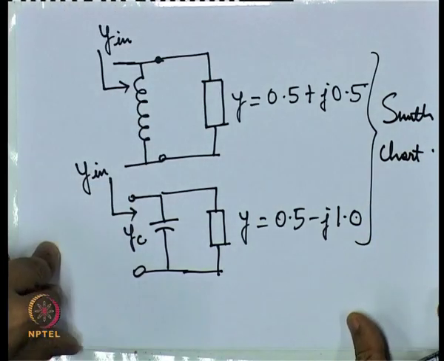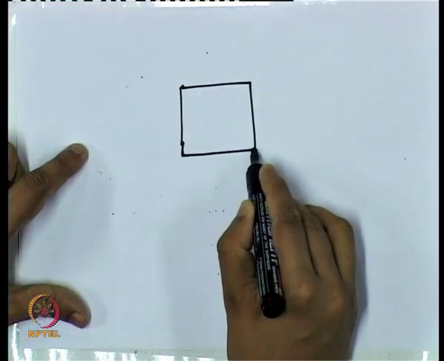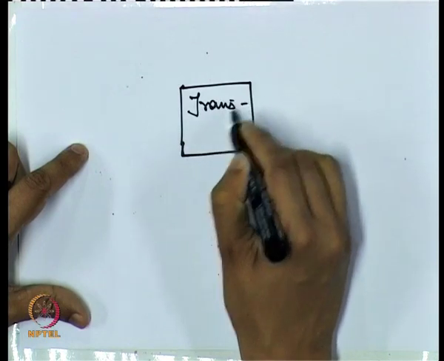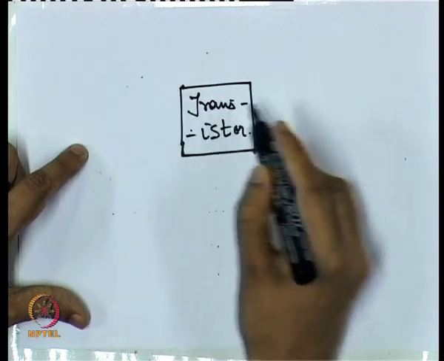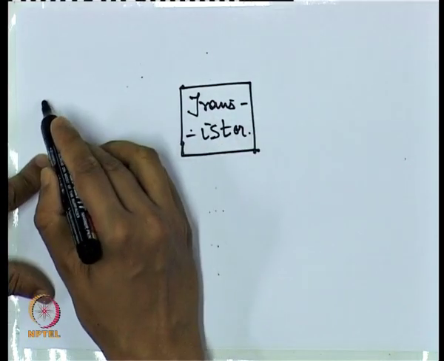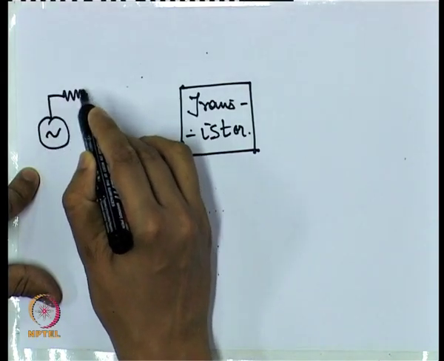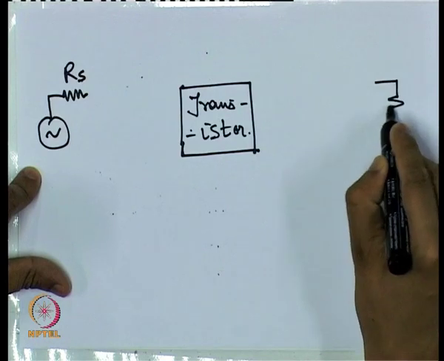Now, when it comes to designing matching networks for an amplifier, let us suppose our amplifier is like this. Say it has a transistor, some transistor inside it. Now, your generator will have certain input impedance Rs, and there will be some load RL.